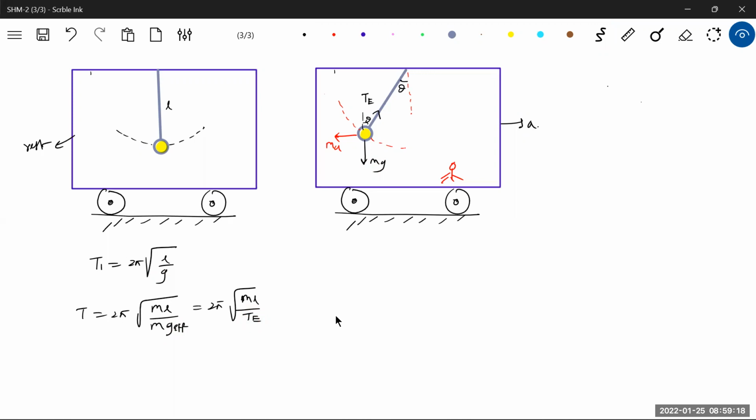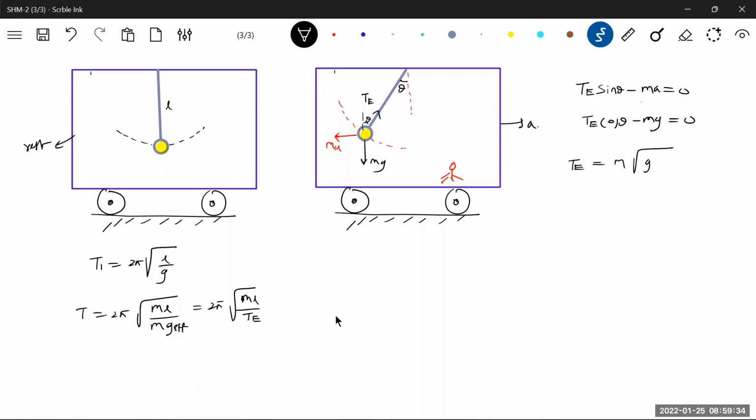Okay, now can we calculate the tension in the string at equilibrium? This will be much easier. Te sin theta, and Te cos theta, squaring and adding, is equal to m times root of g square plus a square. So what is the tension in the string at equilibrium?